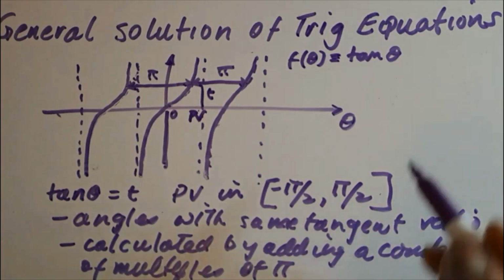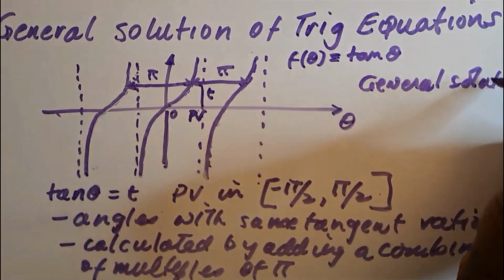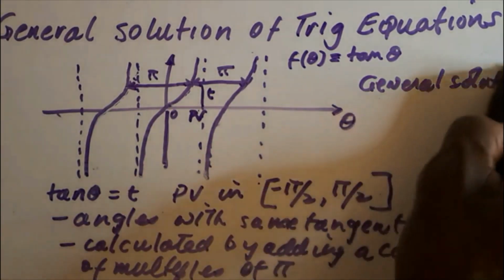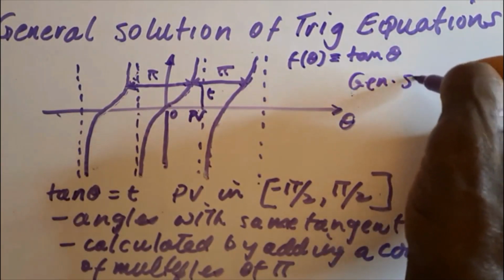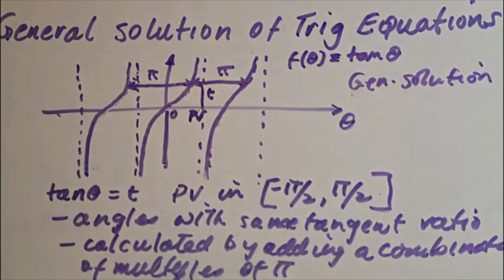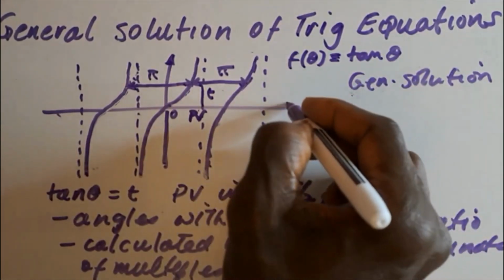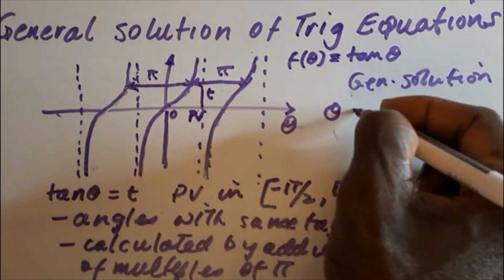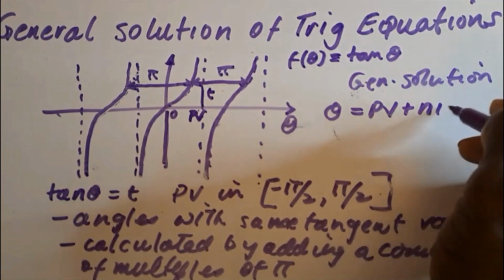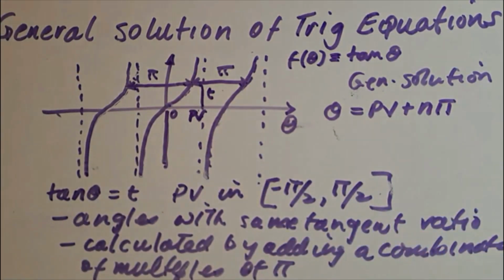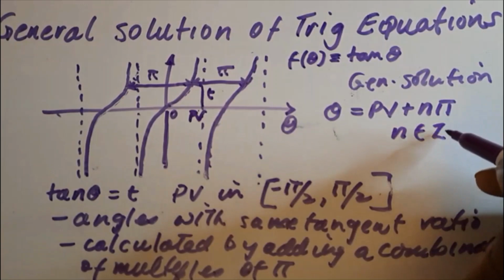So the general solution is theta is equal to principal value add a multiple of pi, again where n belongs to a set of integers.